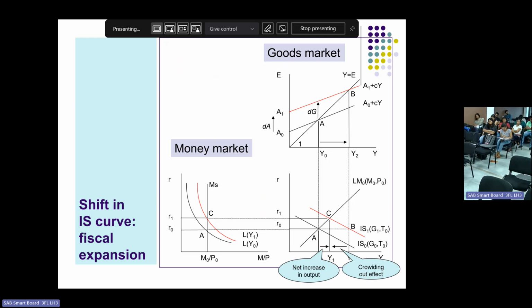From B to C, or from income Y2 to Y1, explains the crowding out. That means there is an absolute reduction in private investment, and those funds go to the government to make the expenditure.